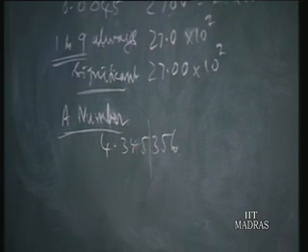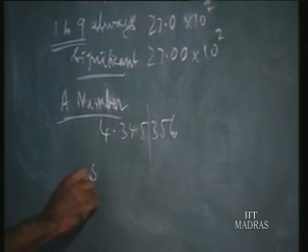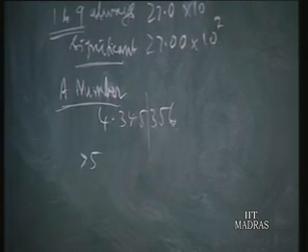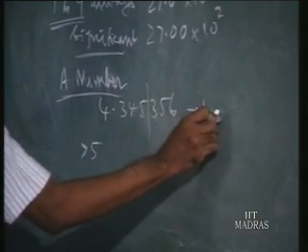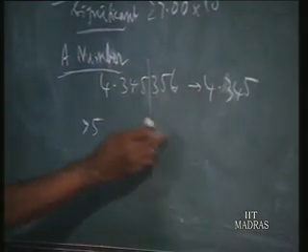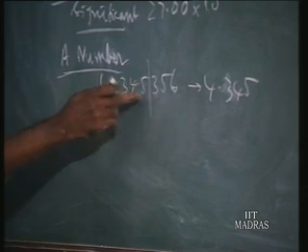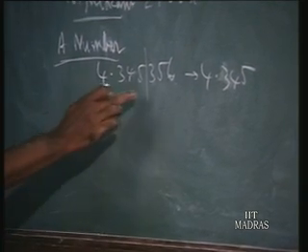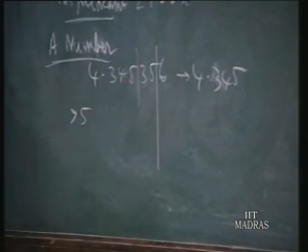Now 356 is discarded. If it starts with a number greater than 5, add 1 to the desired decimal place. In this case, it comes to 4.345, because this number is less than 5, so we leave the number as it is. If it is greater than 5, suppose we want 5 decimal places.